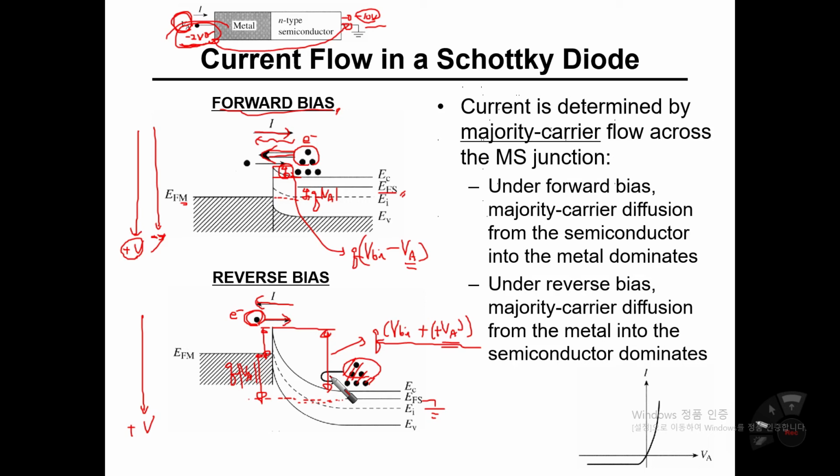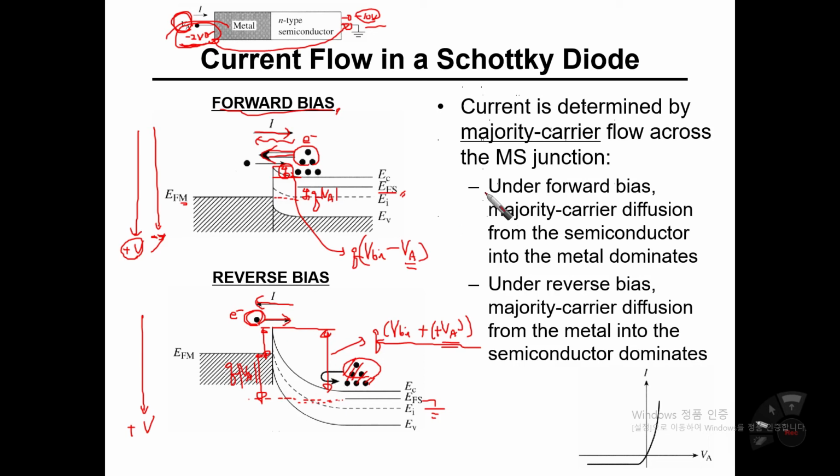So minority carriers do not contribute to the current flow in a Schottky diode. Just for your information, in a PN junction diode, to be learned later, minority carriers are the main key in forming the current flow.